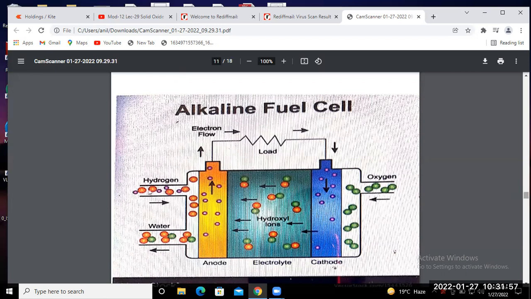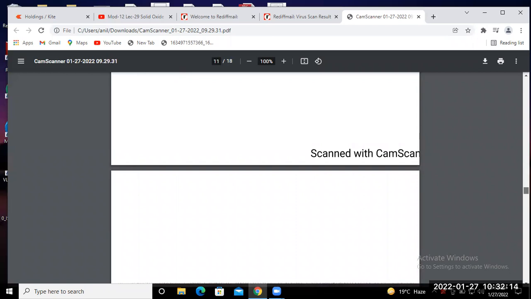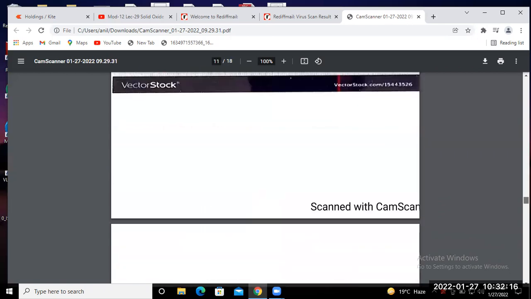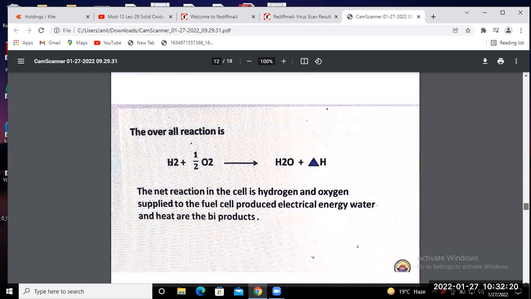So maybe draw this diagram. How can they make the reaction of hydroxide in the electrolyte and oxygen at the cathode? This is all about the reaction.